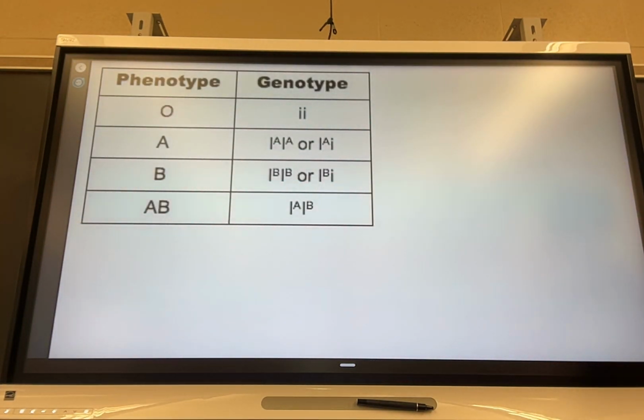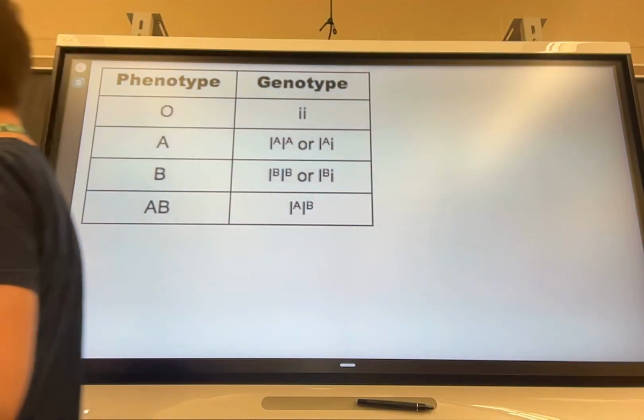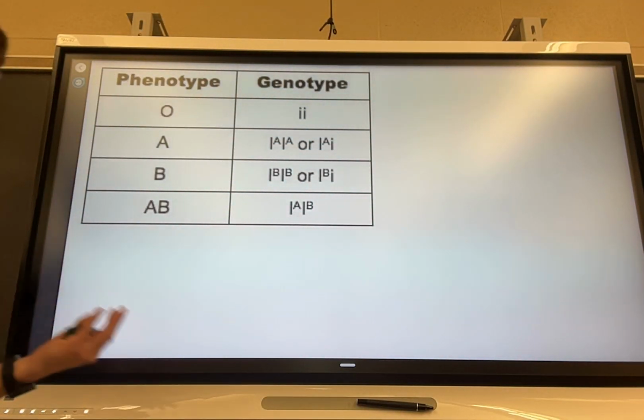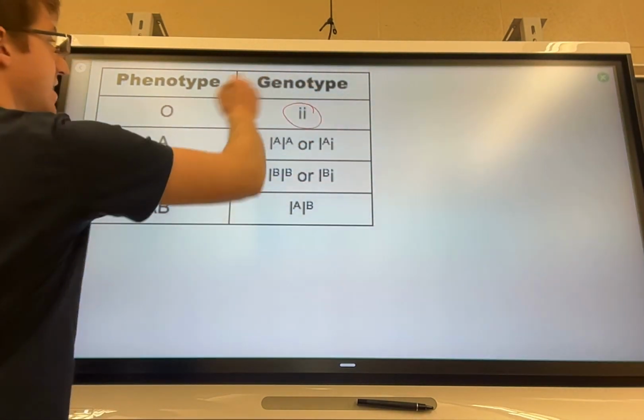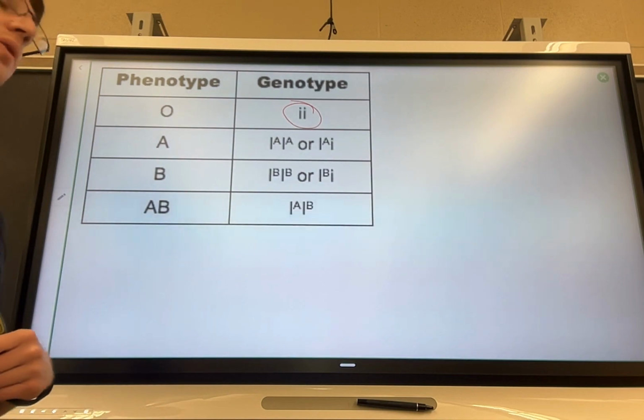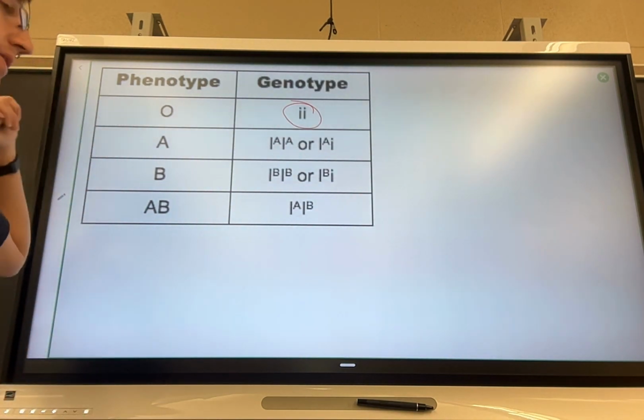If you have ever donated blood, you have likely figured out your blood type, or they told you your blood type. But blood types are codominant. So we have our recessive trait, little i. If we have 2 of those, we are going to be considered an O blood type.